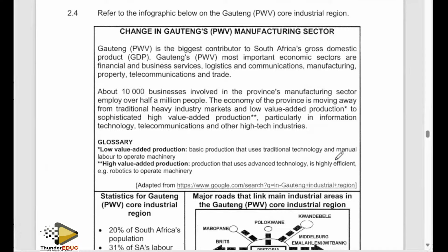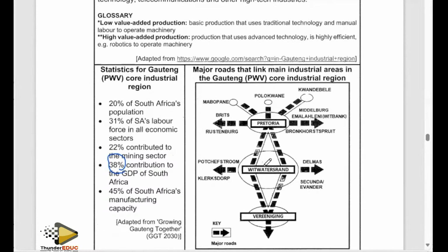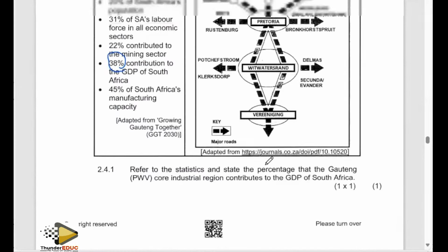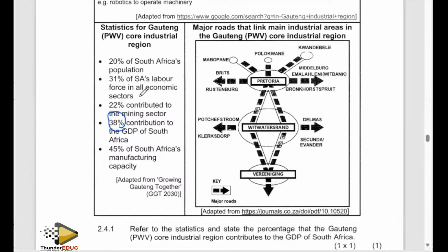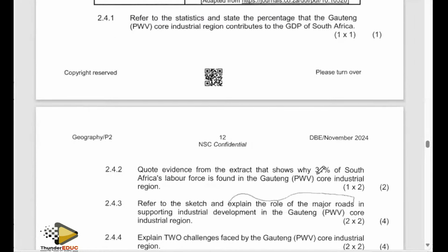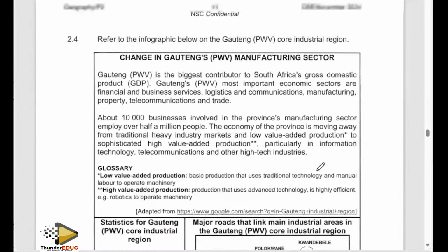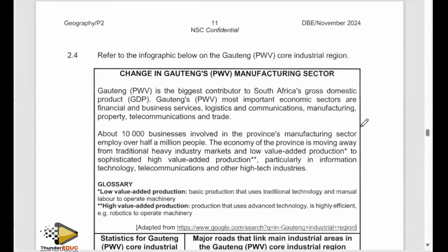If we come to our infographic, it says 31% of South Africa's labor force in all economic sectors. The statistics are supporting our question here. And we want a text which we can quote, which suggests that 31% of the labor force is in that particular industrial region. Right. If we check here, it says about 10,000 businesses involved in the province's manufacturing sector employ over 500,000 people.